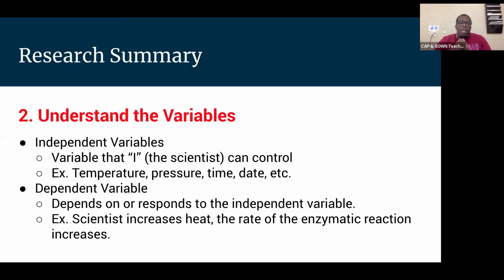So let's look at the example below. We see that the scientist increases heat, then the rate of the enzymatic reaction increases. Okay, in that example, what portion of that is the independent variable?